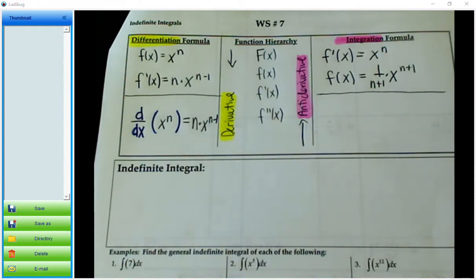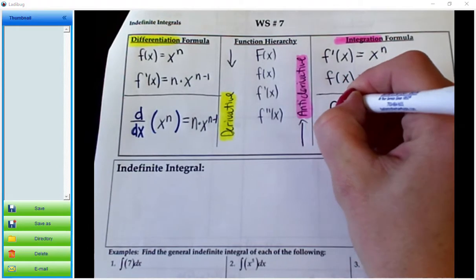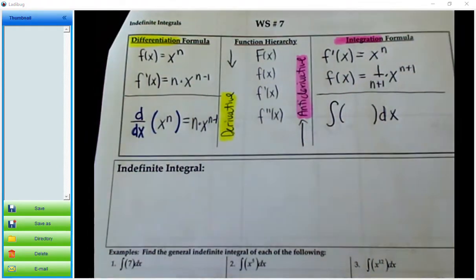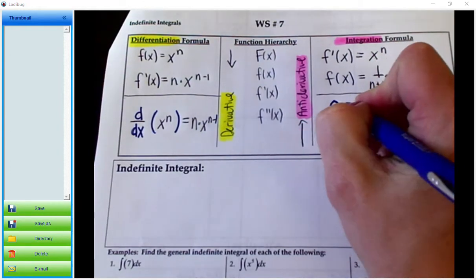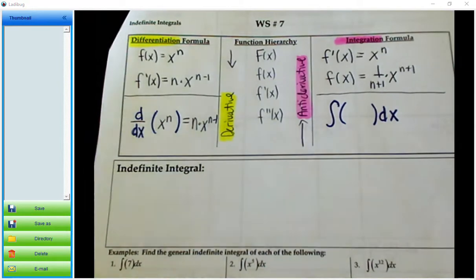Here's the one new statement. Integral, parentheses, dx. This is the new notation. Now, we saw this last unit, but I had numbers. There's no numbers today.